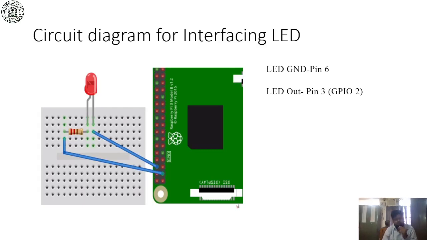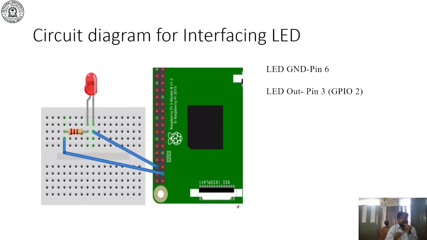this resistor. Okay, so simply you can connect the positive point of the LED to GPIO pin number 2, that is board pin number 3. So here you can see this is board pin number 3, this is pin number 1, pin number 2, pin number 3. So this is board pin number 3 and GPIO pin number 2.